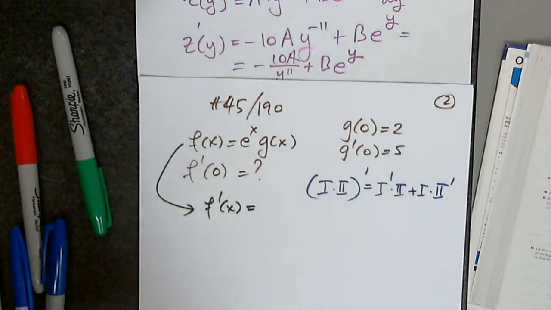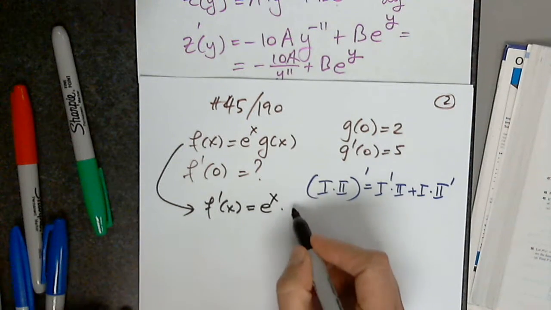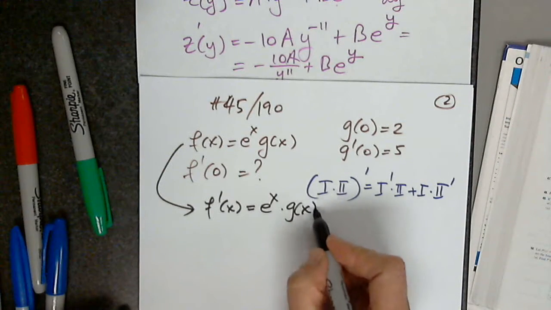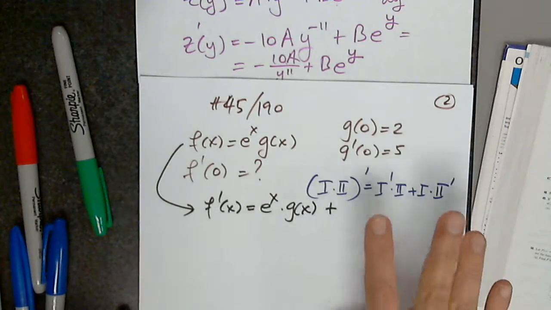Yes, Tony? I think I did it the book way. That's fine. You would end up getting e to the x times g prime of x. Careful. You still have to keep it in this order.